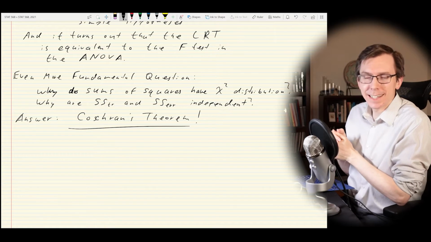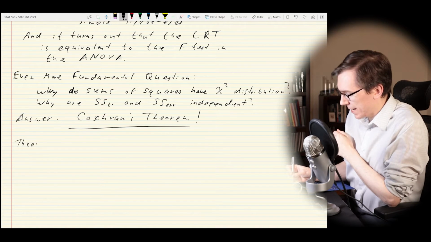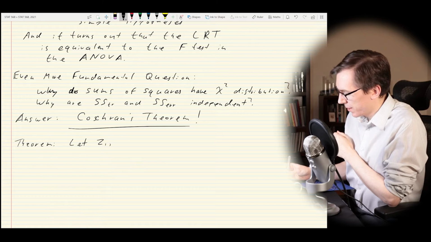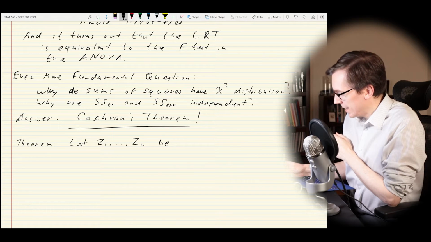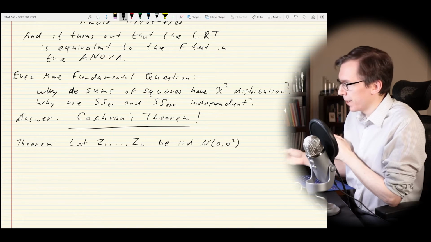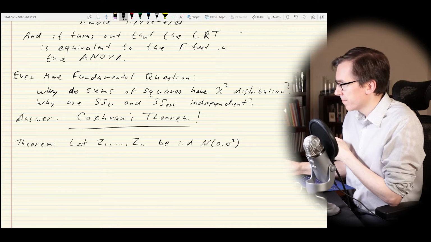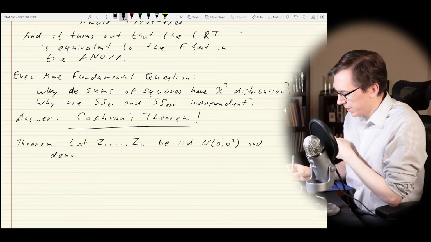Cochran's theorem, which takes us back to 1934, says: let Z1 through Zm be IID, independent, identically distributed, Normal(0, sigma squared) random variables, and denote capital Z to be the vector of Z1 through Zm, which is an m-dimensional vector.